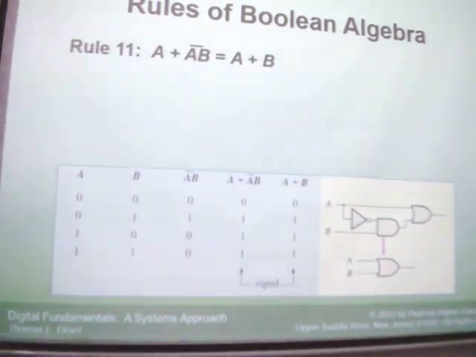Rule 11. A or (A over bar and B) equals A or B. This is a little complex. We can get the result only using the truth table.